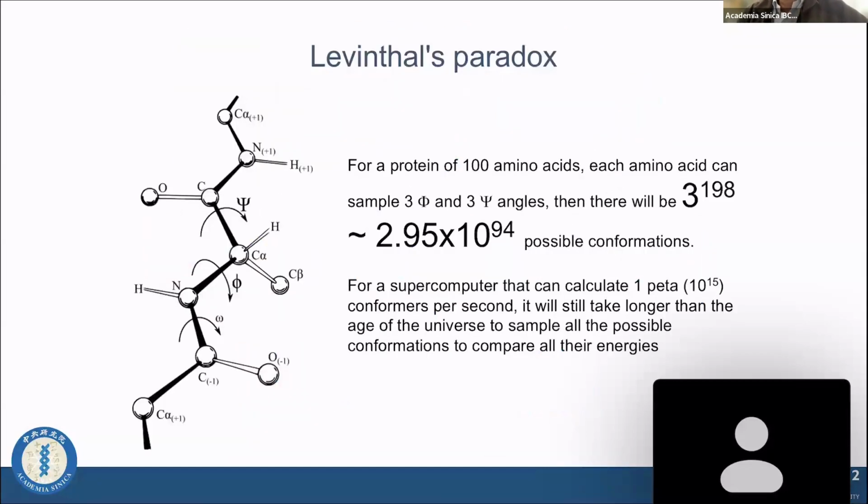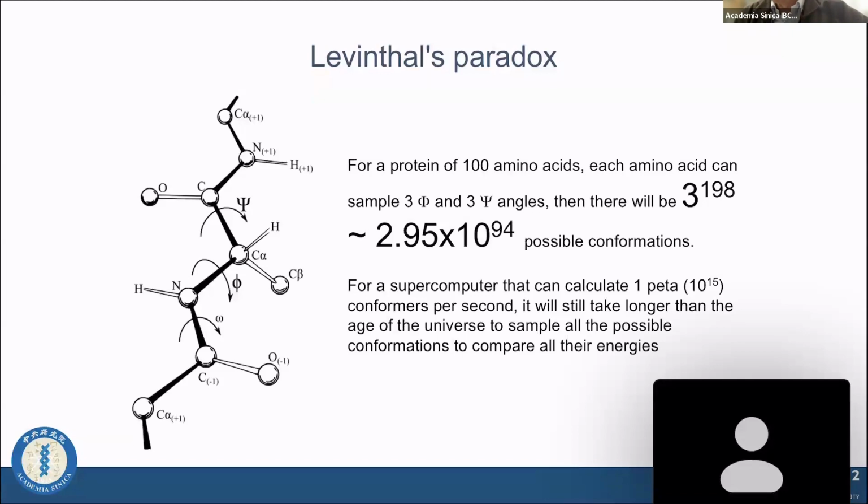So if we have a protein that has 100 amino acids, each amino acid can sample 3 phi angles and 3 psi angles. So for these 100 amino acids, there will be a combination of 3 to the power of 198 combinations. That's approximately 3 to the power of 94.